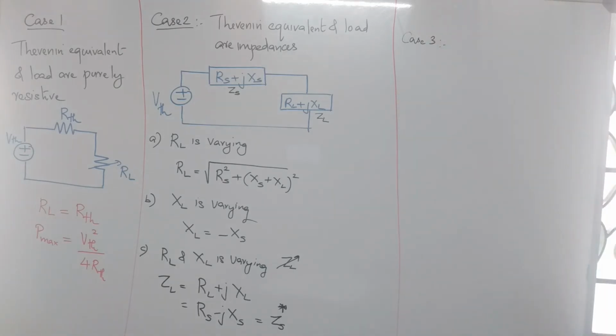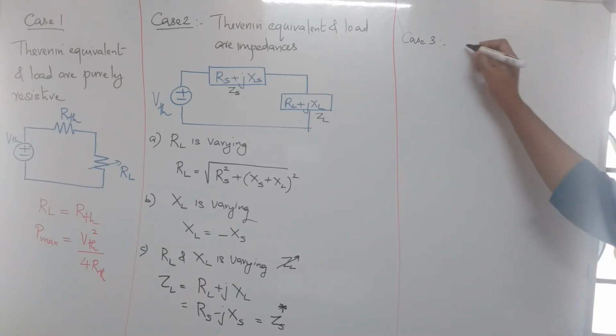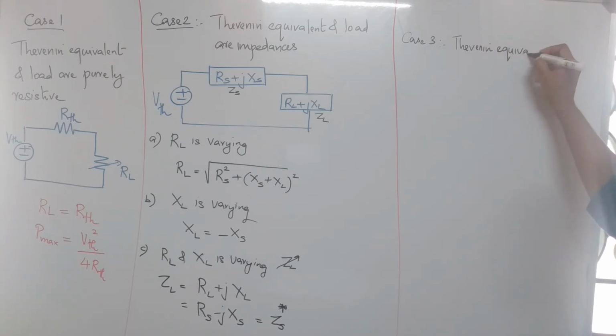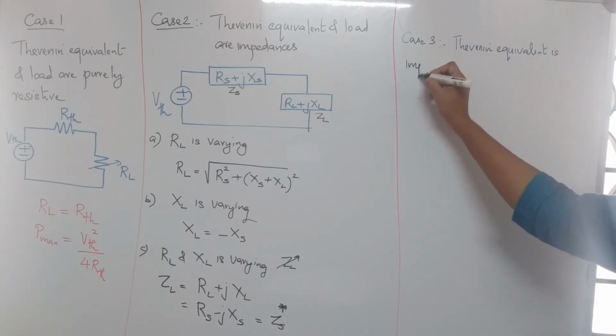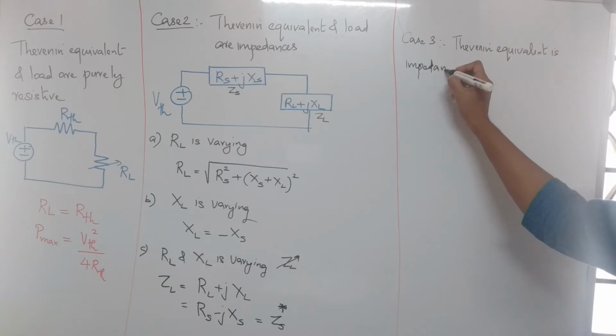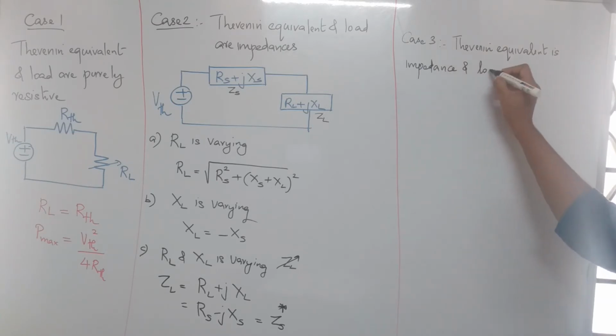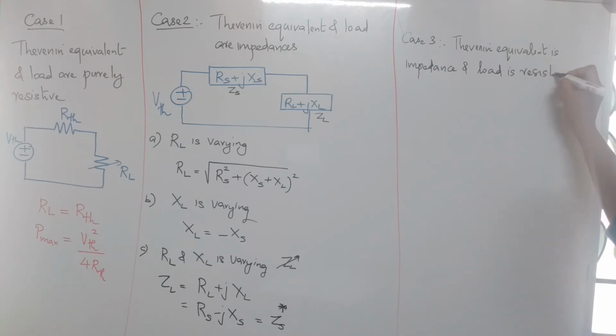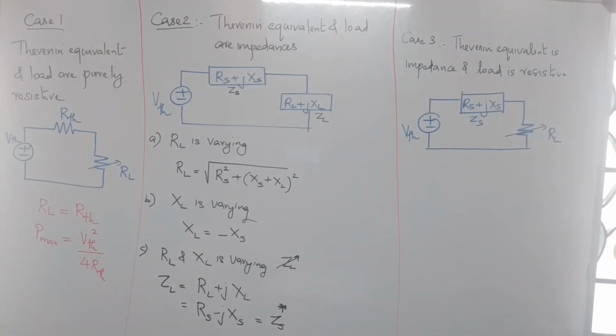Case 3 is the Thevenin equivalent is an impedance and load is resistive. Okay, that is our third case. So the circuit will look like this.